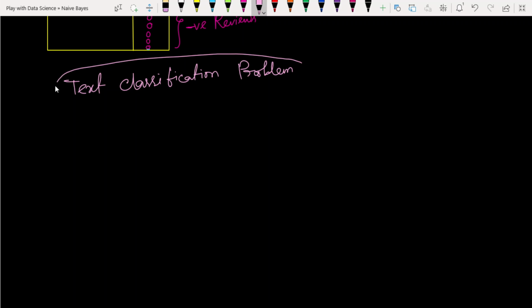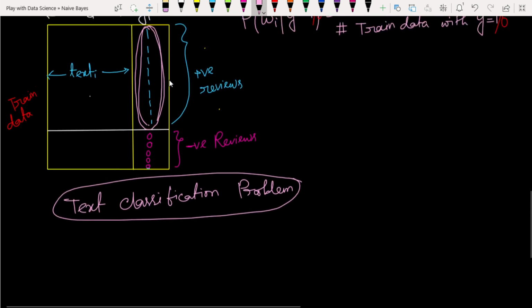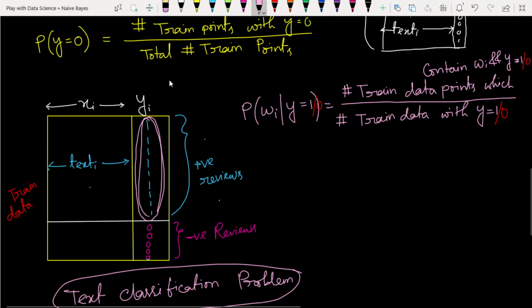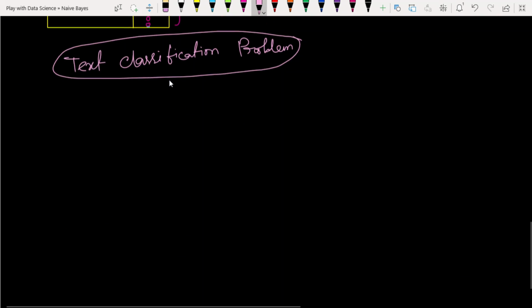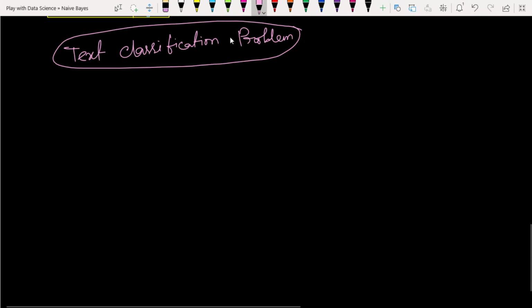most of the time this naive Bayes technique is called the baseline model. It is so good for text classification. Most scientists and engineers take the naive Bayes algorithm as a baseline model for text classification. So why? Let's see what a baseline model is and why it is called the baseline model.